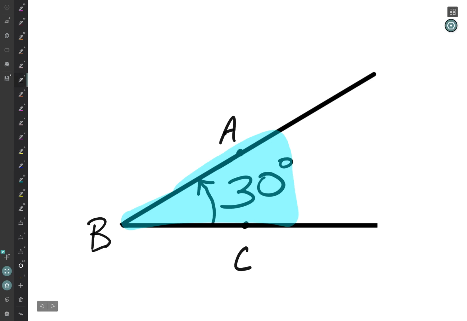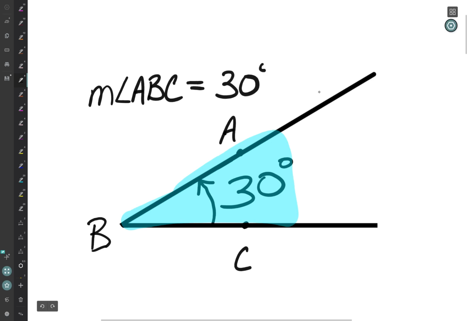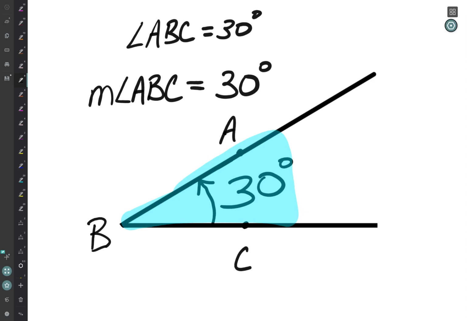Now, how do I say the measure of that? Well, the measure of angle ABC is equal to 30 degrees. What did I write different there? I didn't write angle. You don't write angle ABC. You don't write this. Why do I not write that? Because I'm talking about the measure. Angle ABC is not a number. When I'm just saying angle ABC, I'm talking about that over there.